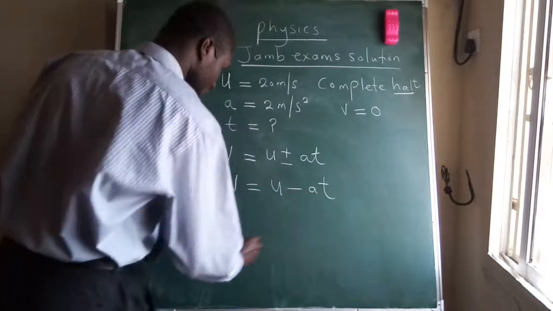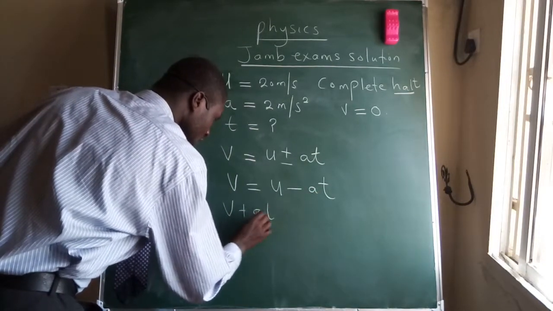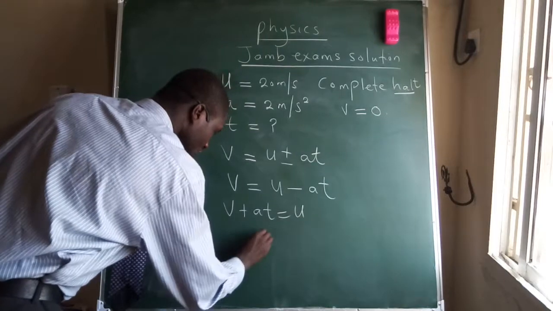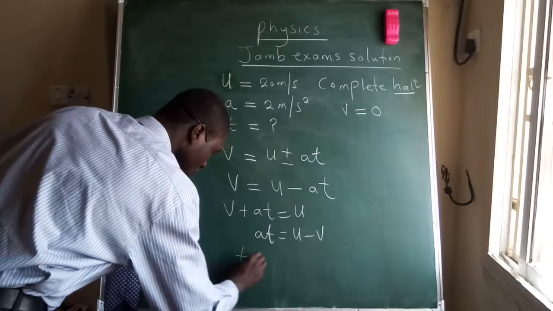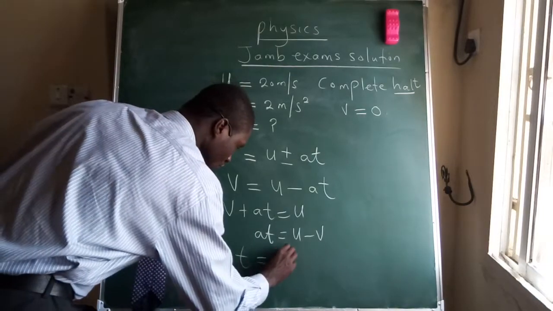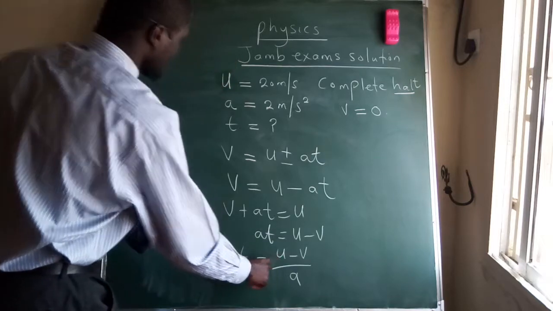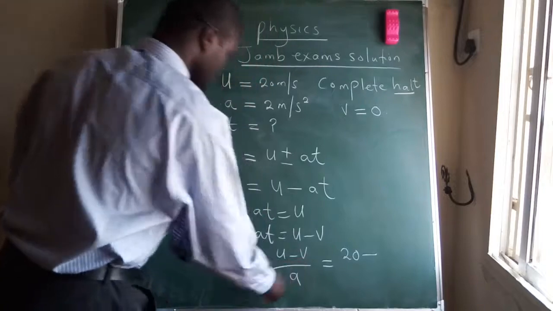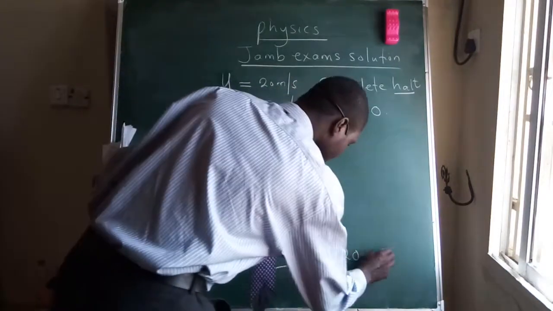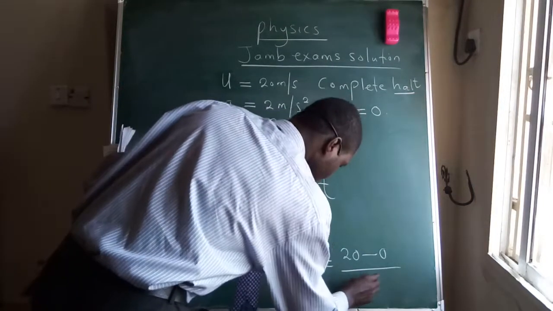Therefore, making t the subject, I will have v plus at is equal to u, so that at is equal to u minus v. So making t the subject, t is equal to (u minus v) over a. My u is 20, my v is 0, and my acceleration, which is deceleration, is 2.